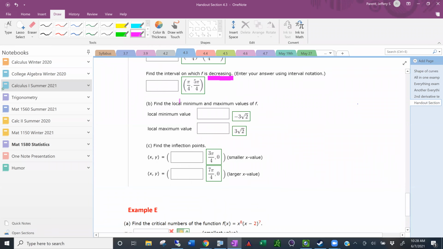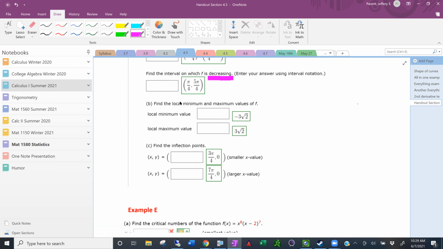So you have to be a little bit careful. If you just try to plug it in your calculator, it's going to give you a number that you don't recognize, like negative 4.3 or something like that. So to see how you'd get an exact value, let's actually plug that in. Try and find our local max, which is at pi over 4.